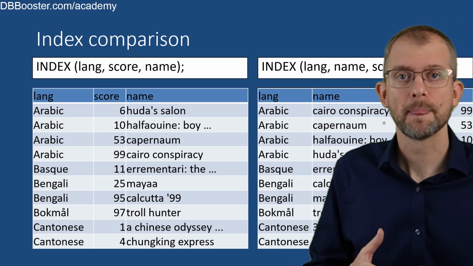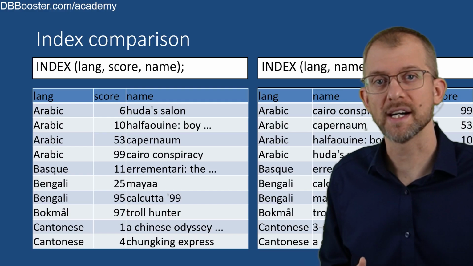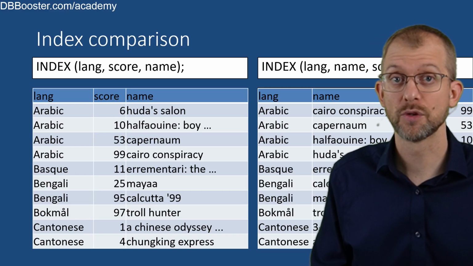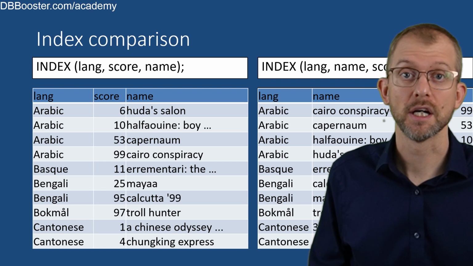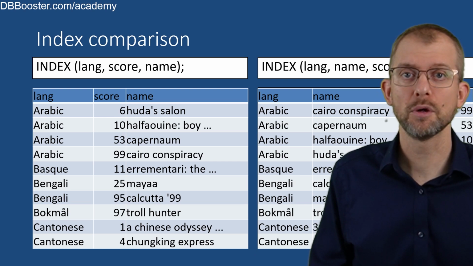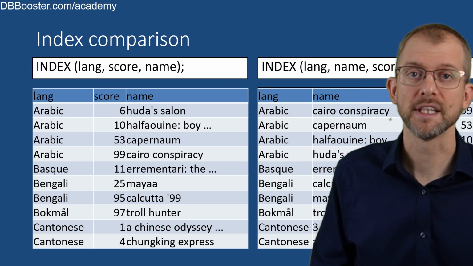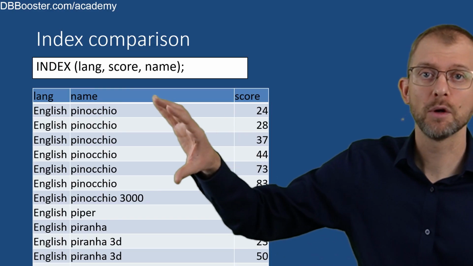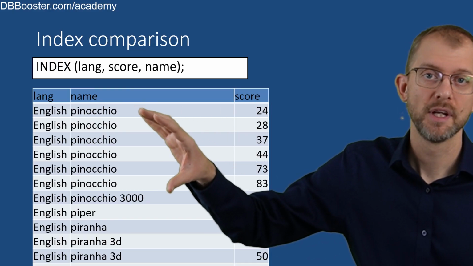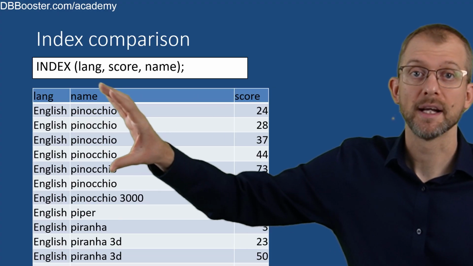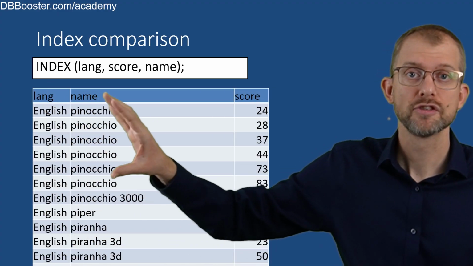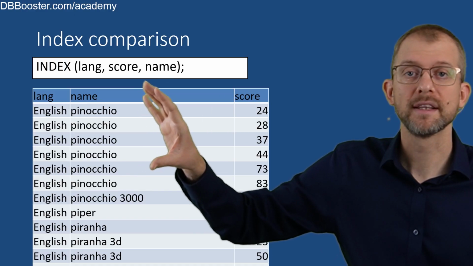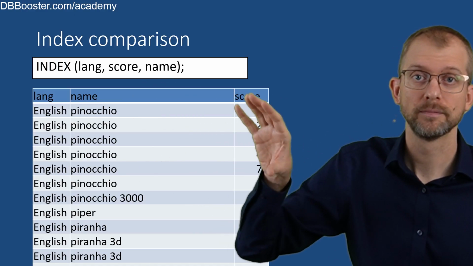It's crucial to understand why the database cannot traverse the tree using the score column, so let me show you a small excerpt of the index for English movies. You can see that Pinocchio was filmed several times. The index is sorted by language first, so inside each language, movies are grouped by title, not by score.